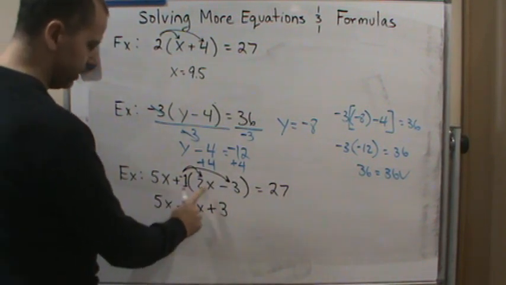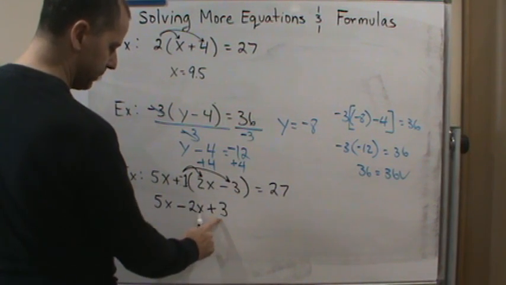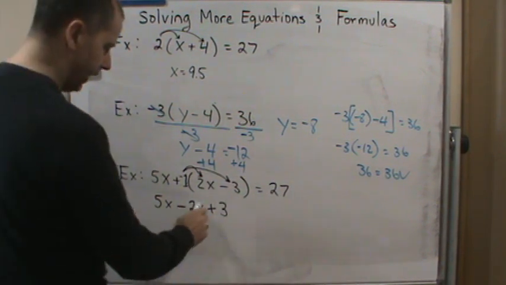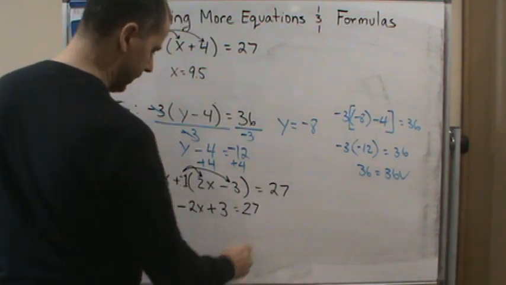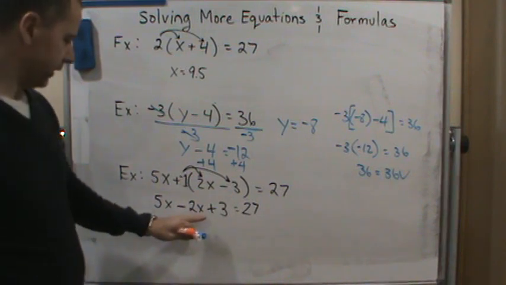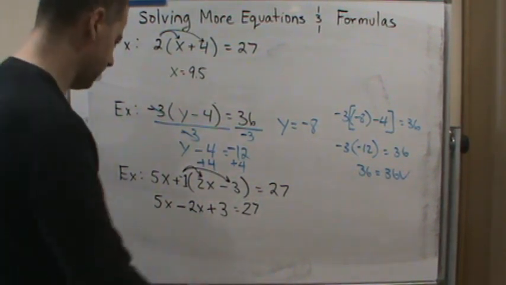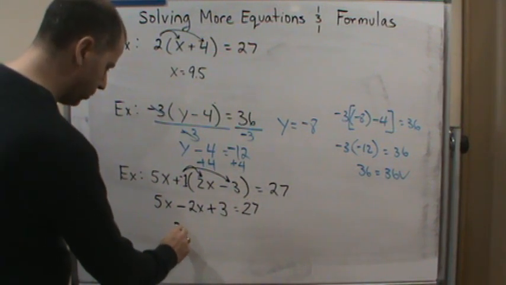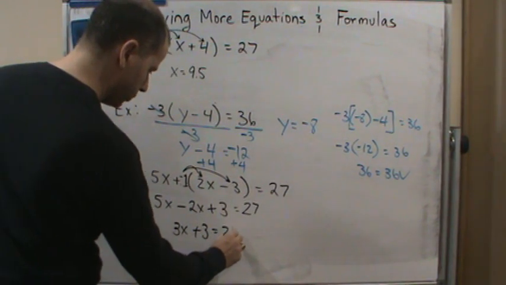Because negative 1 times 3 is negative 3, but I get a minus in negative 3, which is the same as plus 3. Okay, and now I got rid of the parentheses, and that equals 27. And now look, now I'm going to combine like terms, and so I get 3x plus 3 equals 27.